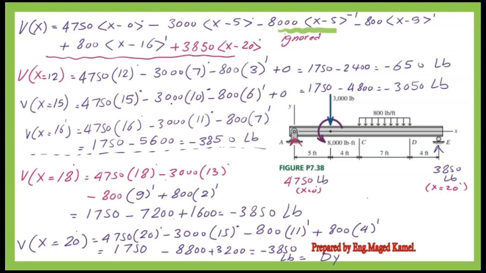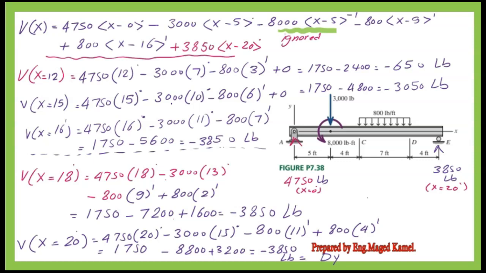For V of x equal to 16 feet, we have 4,750 multiplied by 1, minus 3,000 multiplied by 1, minus 800 multiplied by 7 raised to the power of 1, which will be equal to minus 3,850.